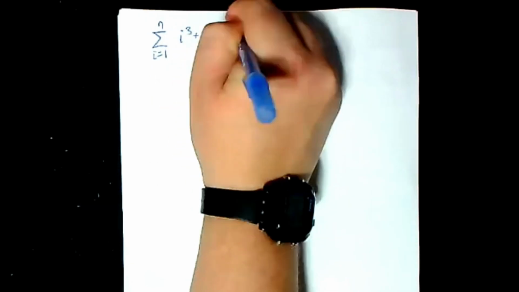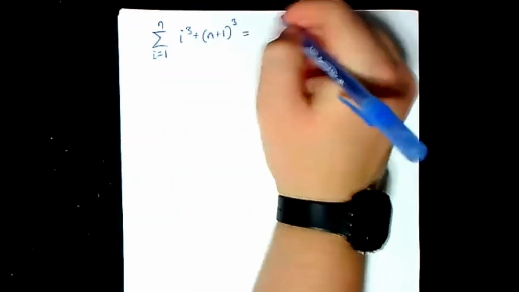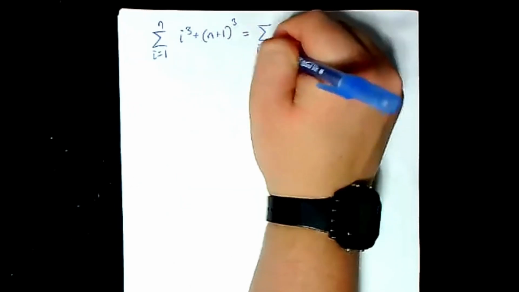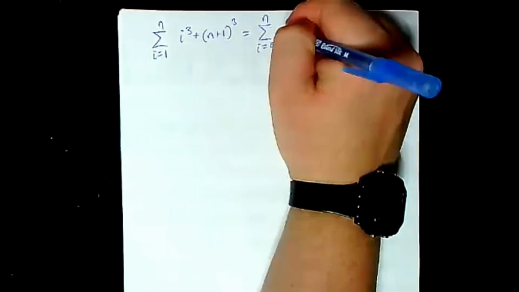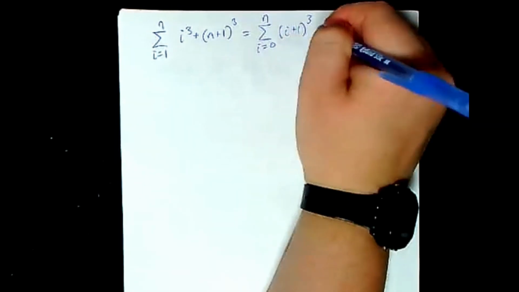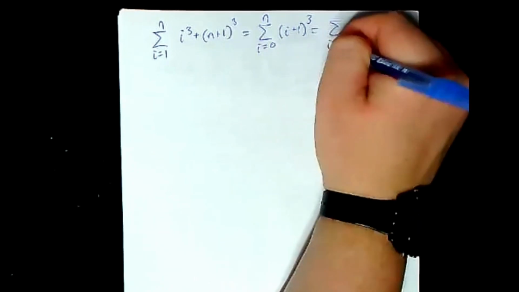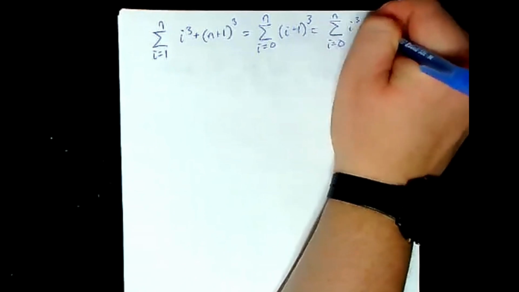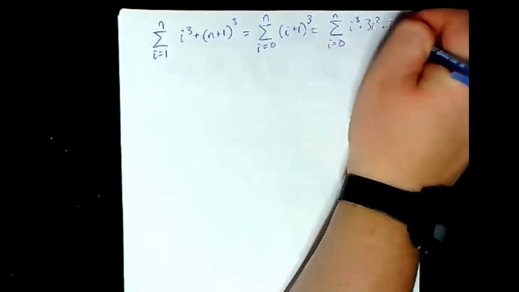All right, so they give you some stuff without proof that you're allowed to use. The sum as i goes from 1 to n of i cubed plus (n+1) cubed is equal to the sum as i goes from 0 to n of (i+1) cubed, which is equal to the sum as i goes from 0 to n of i cubed plus 3i squared plus 3i plus 1.